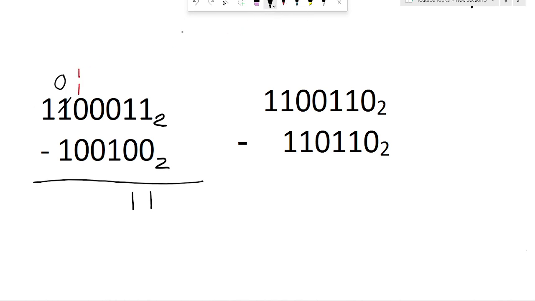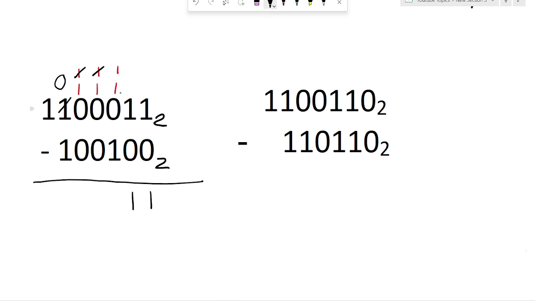Alright. I need to keep going forward. I have not reached my target. I have to borrow again. So I'm going to remove this one and I'm going to borrow a whole set of 2 again, which is 1, 1. So I haven't reached my target. I'm going to go ahead and borrow another set of 2. So I'm going to remove that set. And I'm going to take it over as 1, 1.